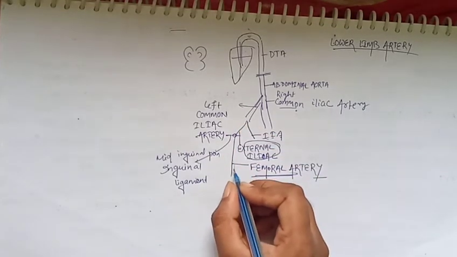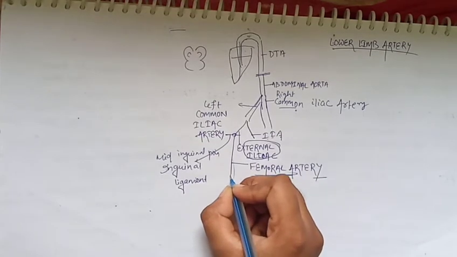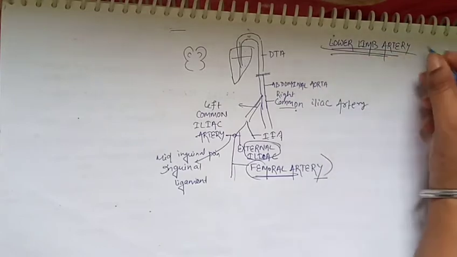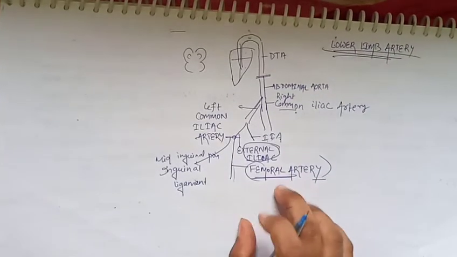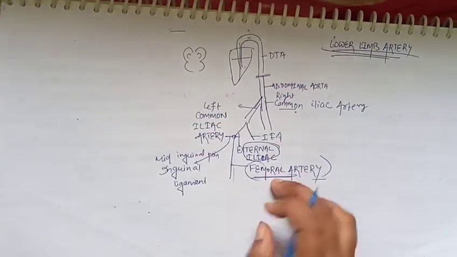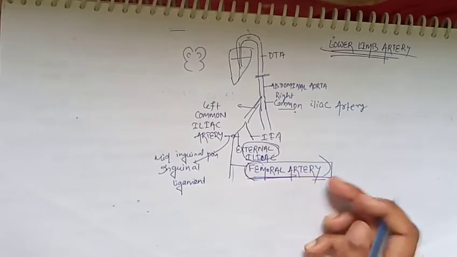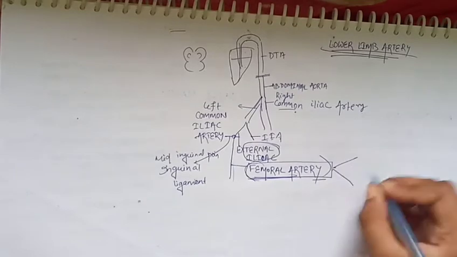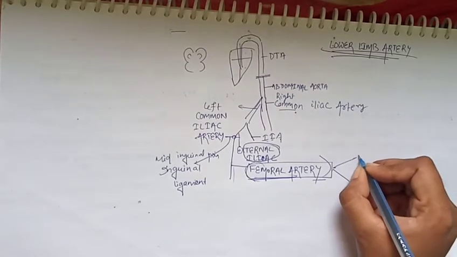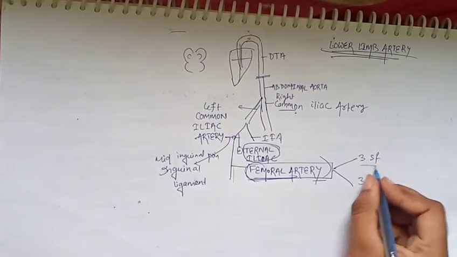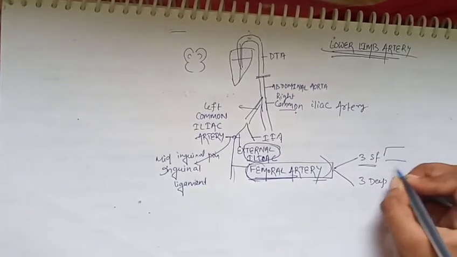Okay, then the femoral artery, now what happens? We discuss only the lower limb branches, briefly, about the femoral artery branches. What are the femoral artery branches? Mainly the femoral artery gives rise to 3 superficial and 3 deep branches. What are the 3 superficial arteries?